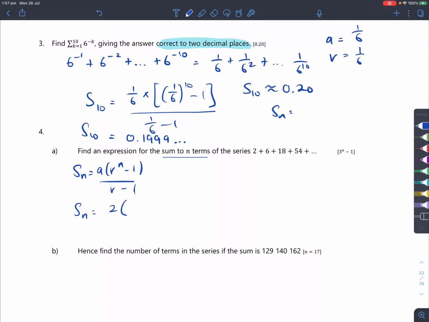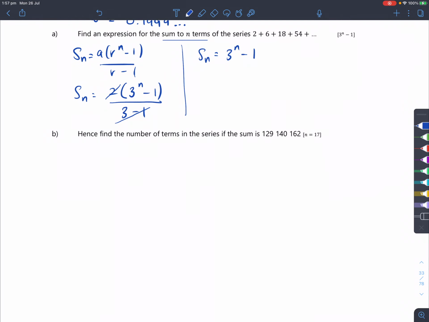The ratio in this case is 3. Now, the power of n will stay there. We don't know what it is. Minus 1 over the ratio, which is 3, still, minus 1. And you know that 3 minus 1 is 2. So 2 divided by 2, those cancel out. So therefore, Sn is simply 3 to the power of n minus 1.